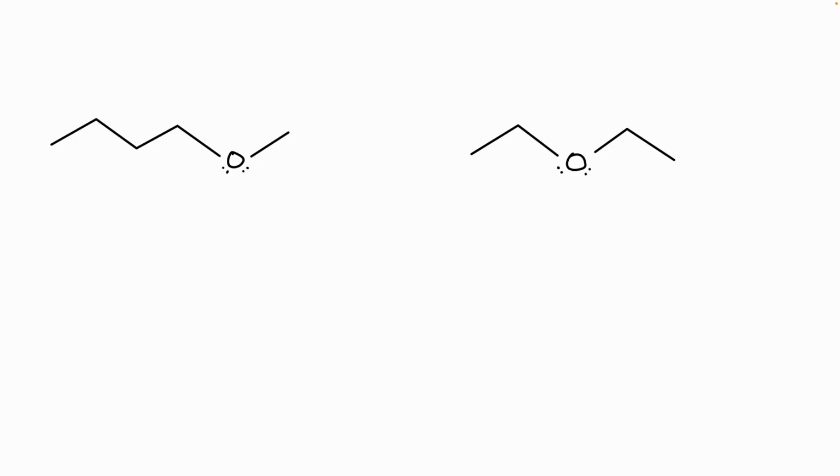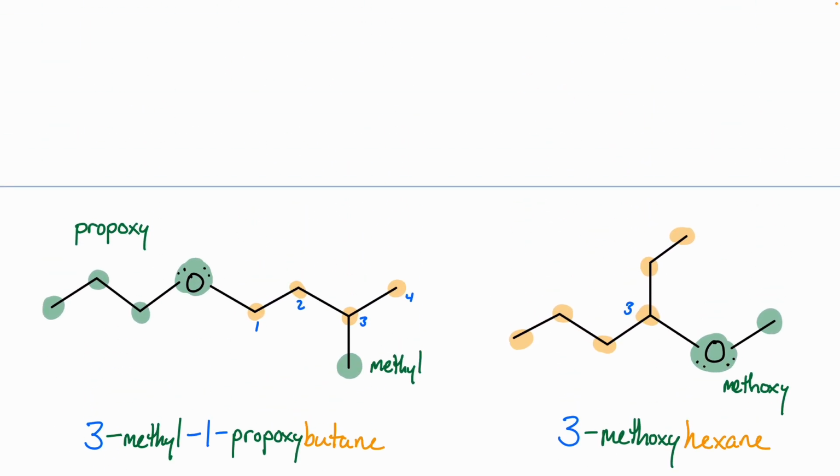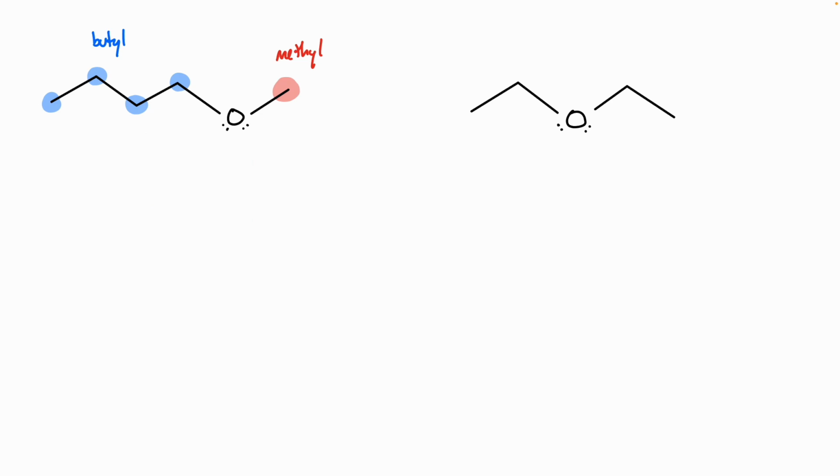So this one here has one 4-carbon group on the left, a butyl group, and then a 1-carbon group on the right, a methyl group. So we put those in alphabetical order: butyl methyl ether.